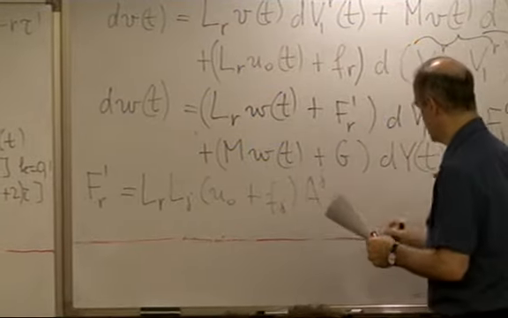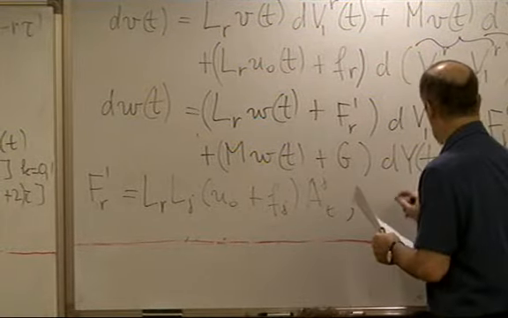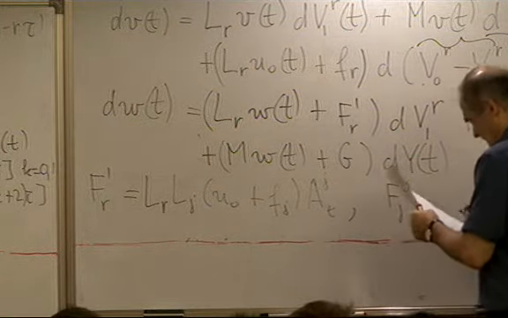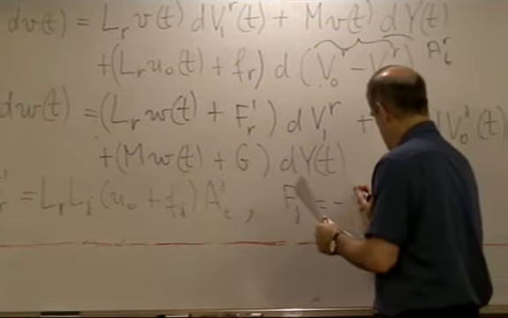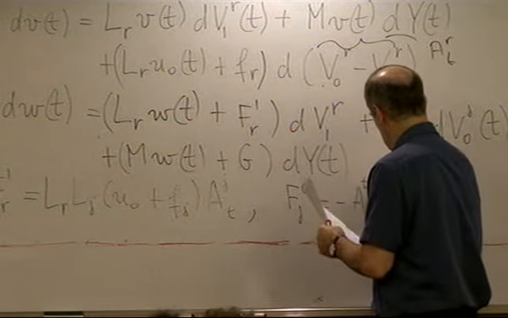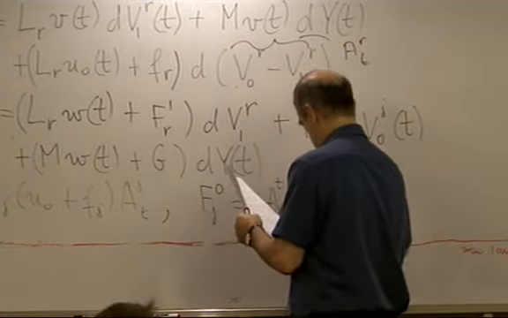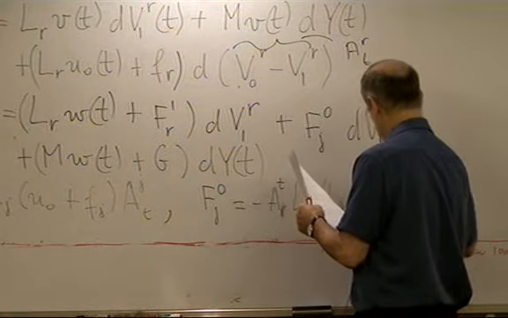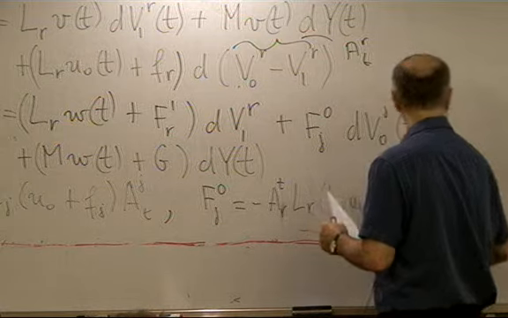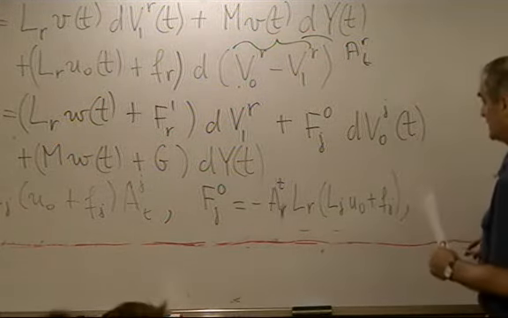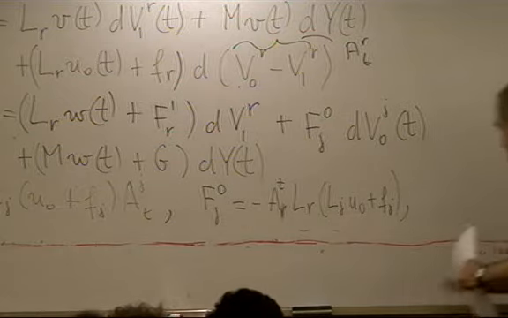So this is a multiplication. Then we need to write the FJ0. This is minus TR LR LJ U naught plus FJ, and finally the G. Oops, that is a bit longer.